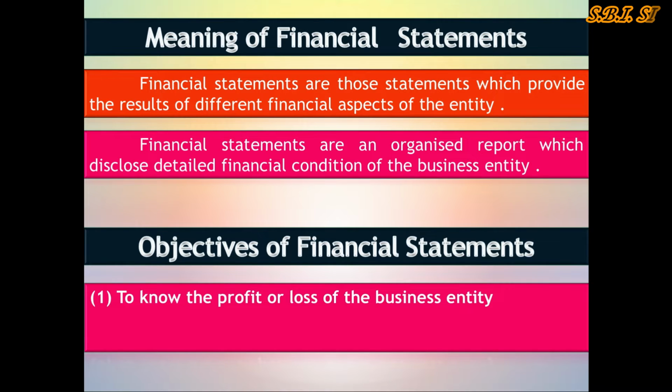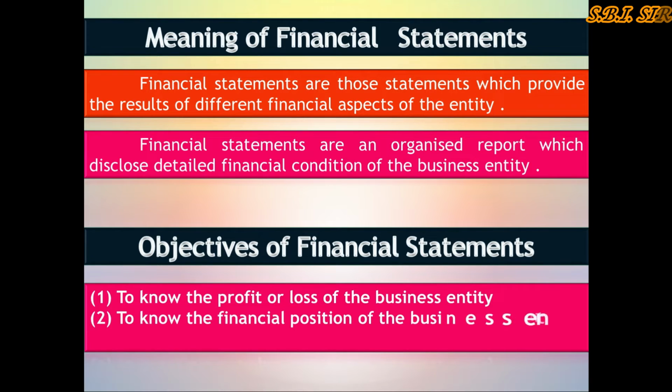If payments are more than receipts, the difference is known as loss. The information for such profit or loss is available from the prescribed financial statement. This statement is called the income statement. Therefore, the first objective of the financial statement is to ascertain the profit or loss of the business.